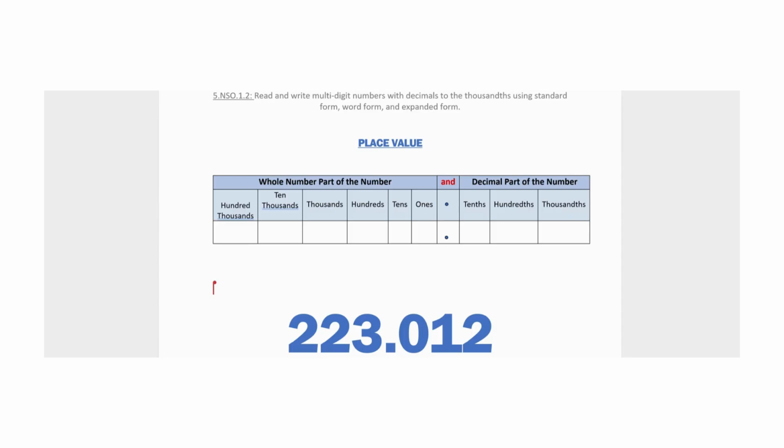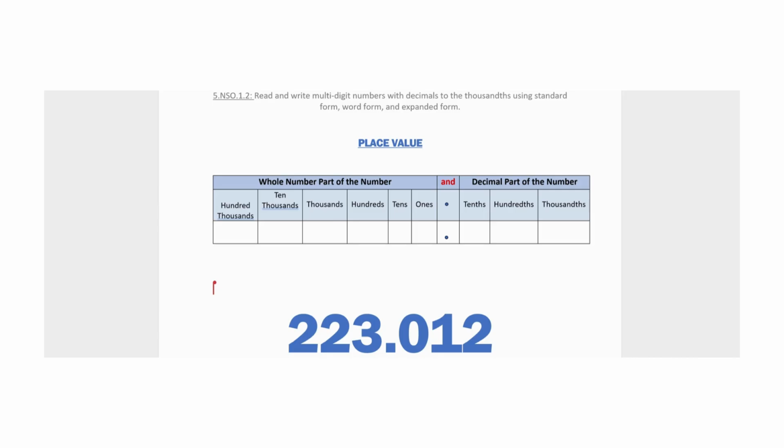Now, below we have an example just to review. If you look at this number, we focus on the decimal. On the left side of the decimal, we have our whole number, which is 223. And on the right side of the decimal, I see the number 12. So when I read this number, on the left side, we can just say 223. And on the right side, we have the number 12.